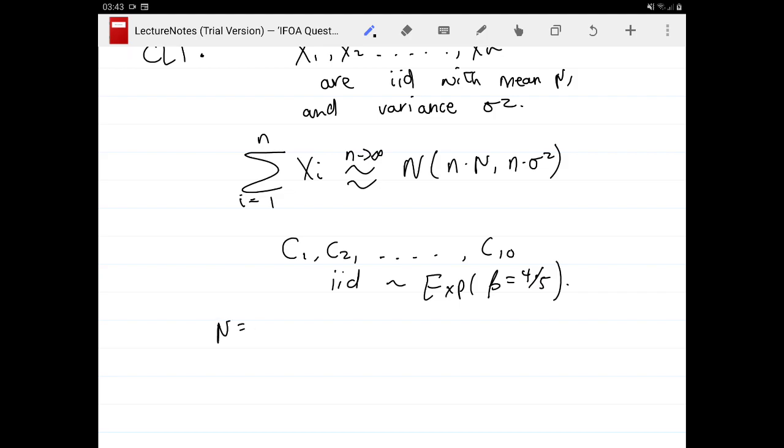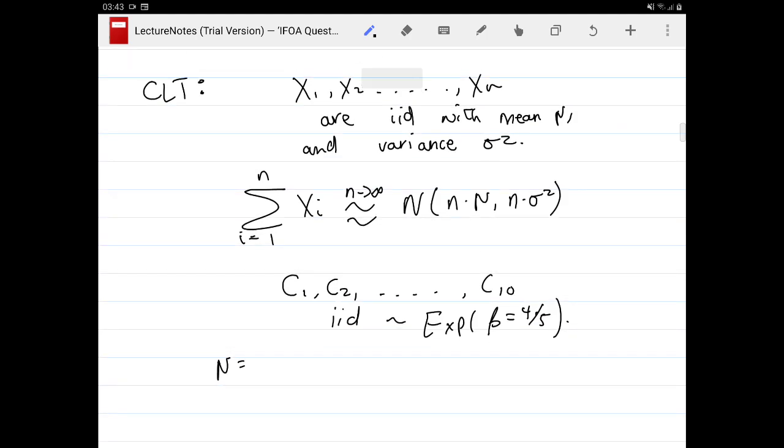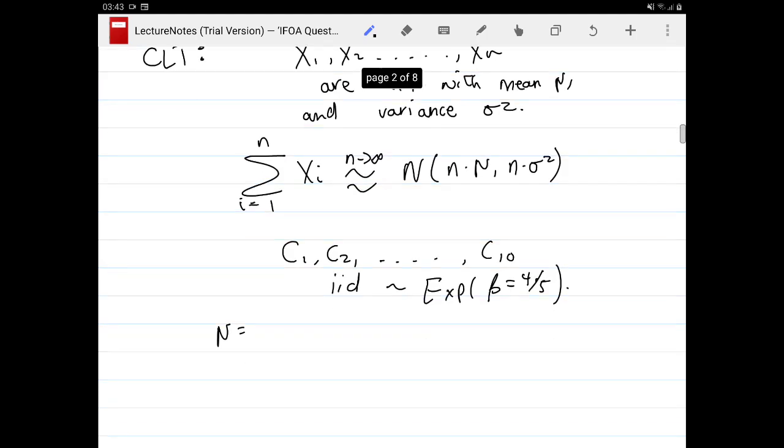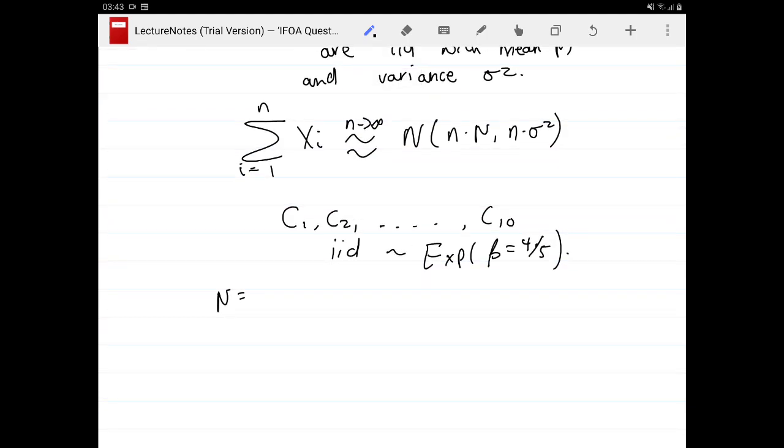Remember, mu is defined as the mean of an individual observation. The mean of an exponential random variable is just the beta parameter. So mu is going to be, sorry, not 4.5, 4 over 5. And our variance sigma squared is just going to be beta squared, so that's 16 over 25.